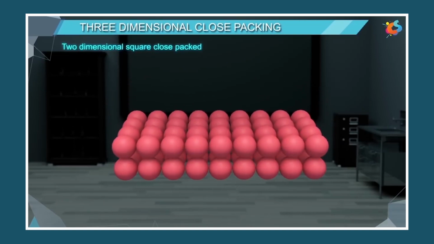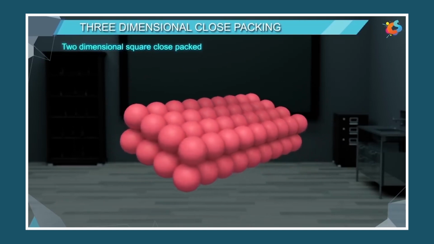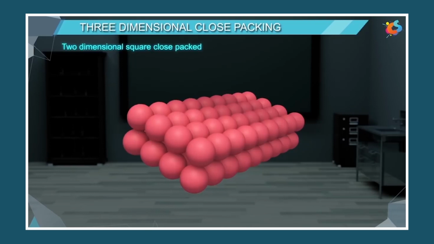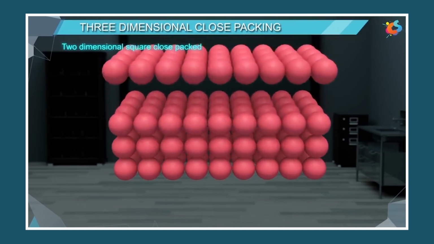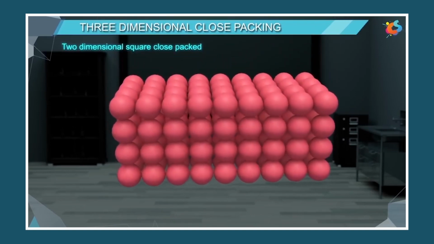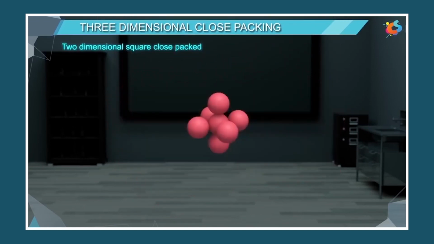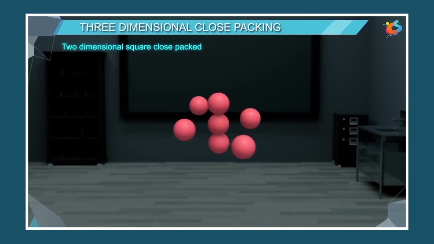In this arrangement, the spheres of both layers are perfectly aligned horizontally and vertically. On arranging layers one after the other in this pattern, we will observe that each sphere is in contact with 6 other spheres, 4 from the same layer, 1 from the layer above and 1 from the layer below. So, the coordination number is 6.